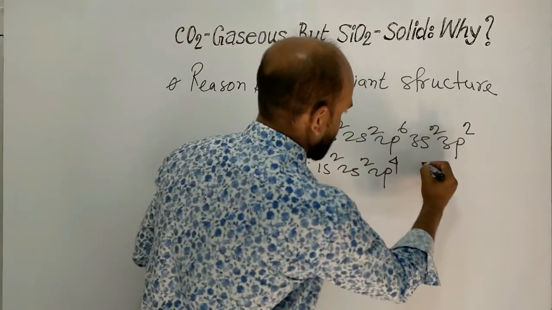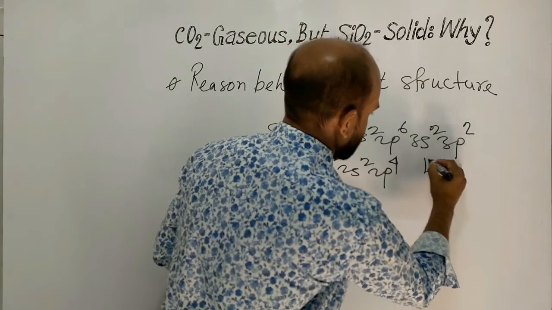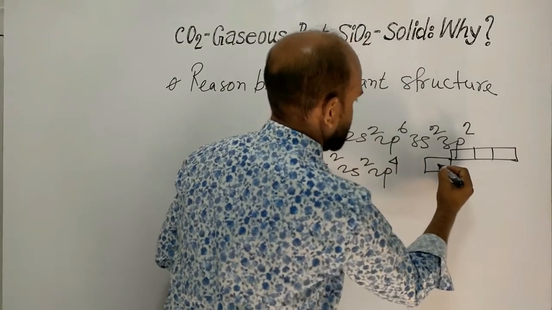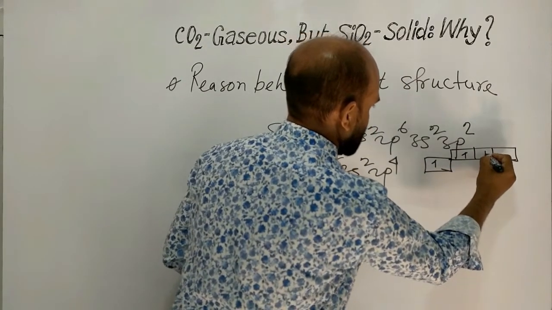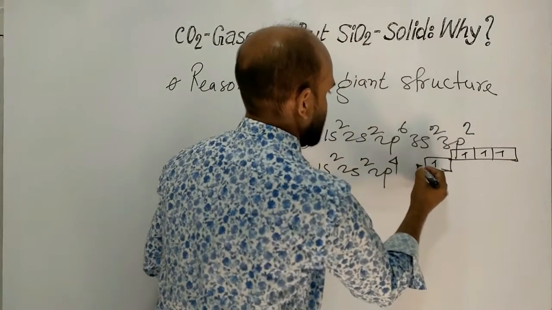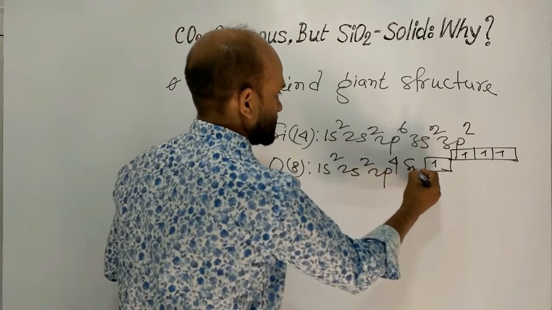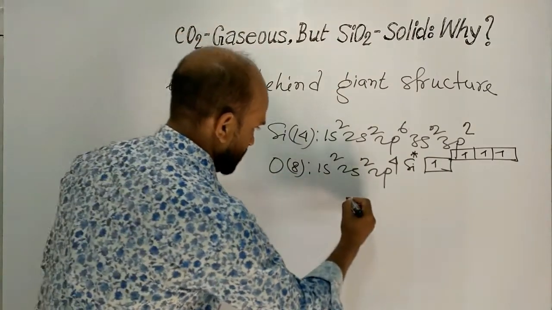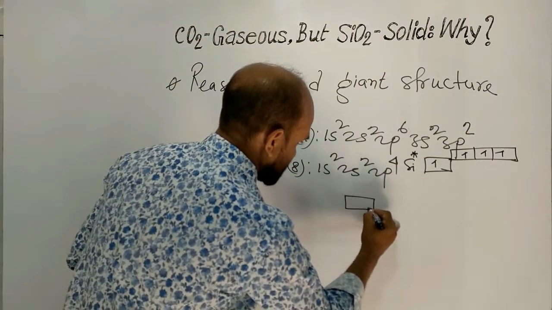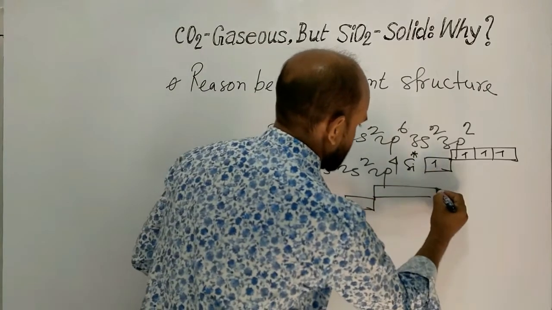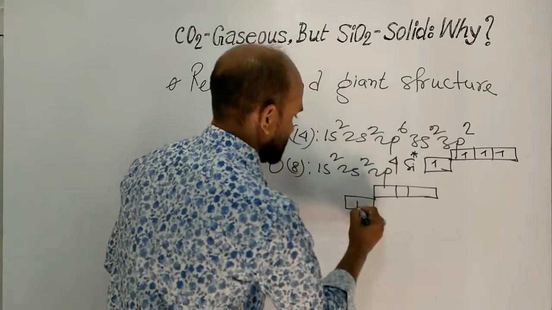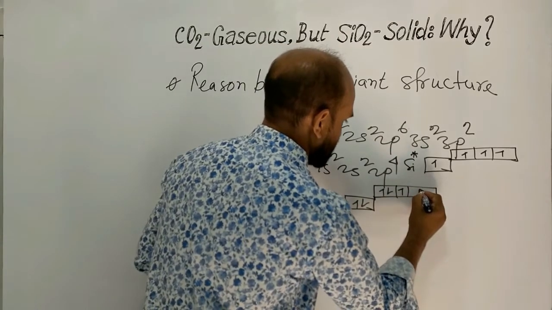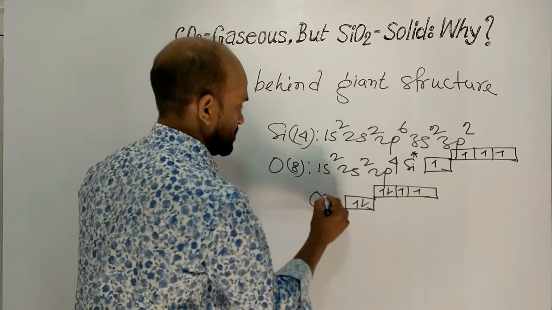In the box system, for silicon this is 3s and this is 3p, with one electron in each orbital at the excited state. For oxygen, in the box system, 2s and 2p: two electrons, two electrons, one electron, one electron.